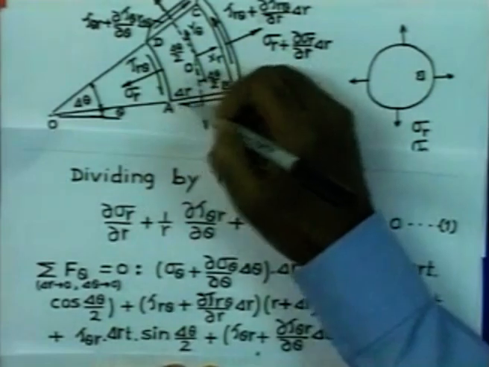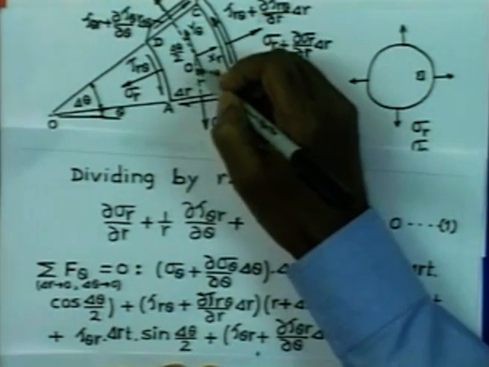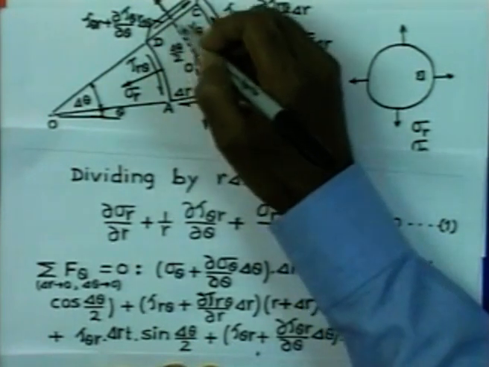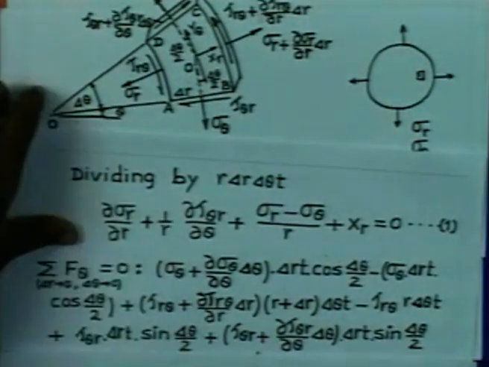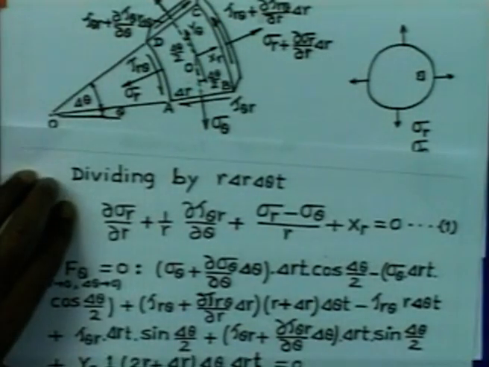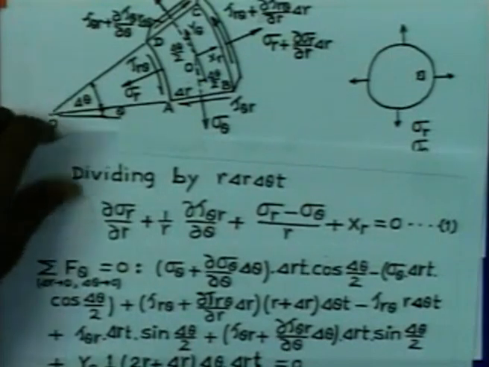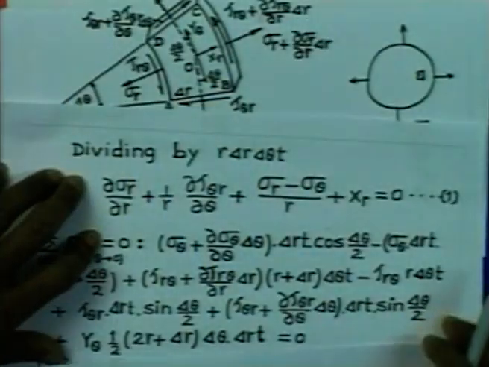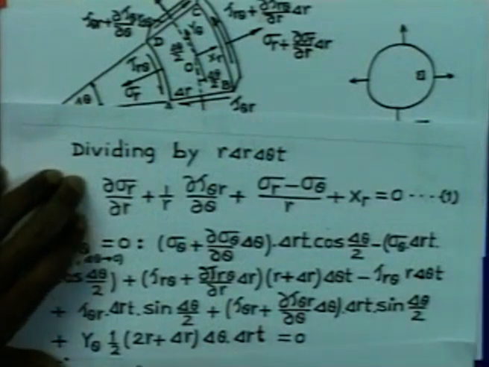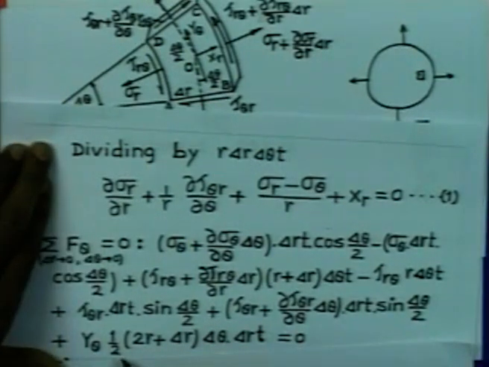So, since this vector is acting like that, it will have a component in that direction. Similarly, this vector will have a component in the positive theta direction. So, they are added, and then finally, we will have the contribution due to the body force, and that body force Y theta multiplied by the volume we had calculated earlier, and therefore, this is going to be given by Y theta half of 2 r plus delta r into delta theta delta r into t equal to 0.